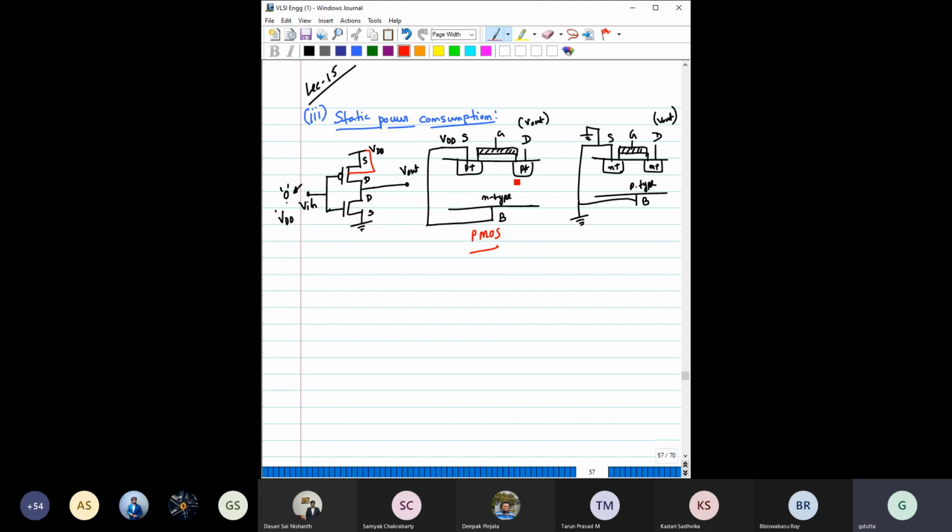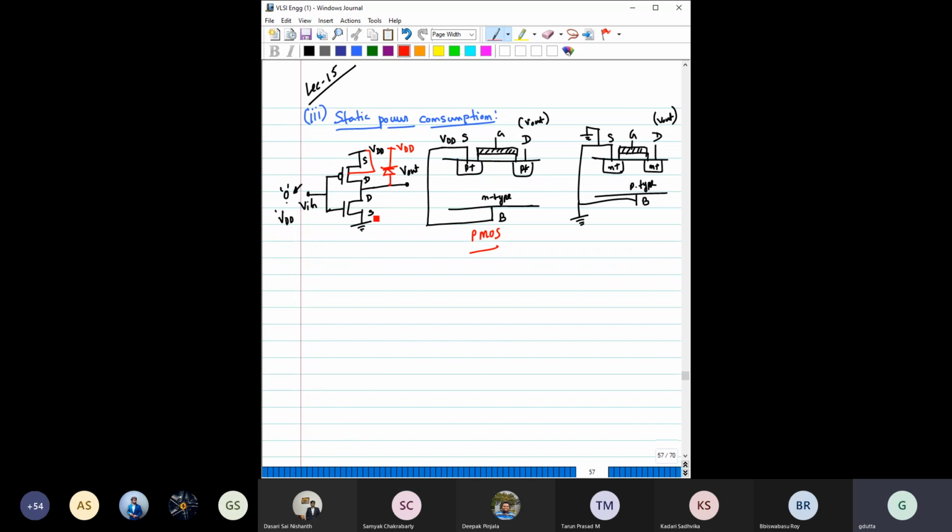So we can represent this as a diode connected with VDD, and this diode would be in reverse bias when V out is lower than VDD. So that will also have some leakage current.